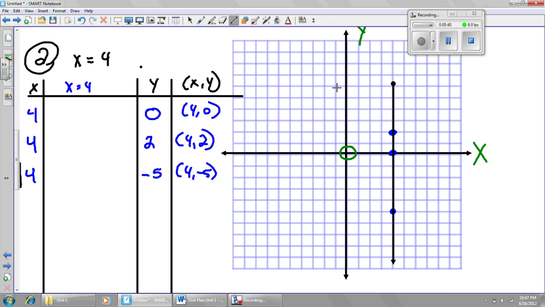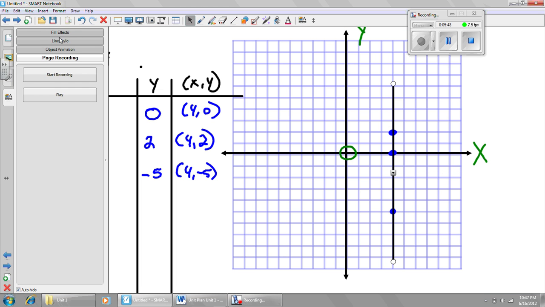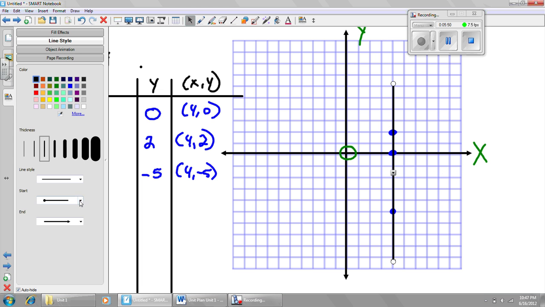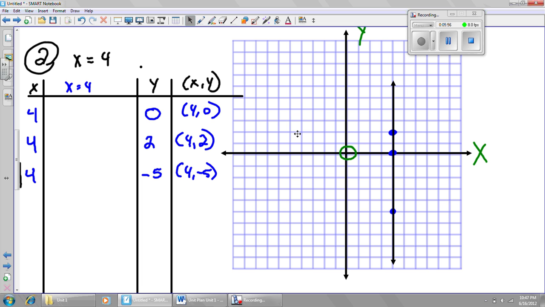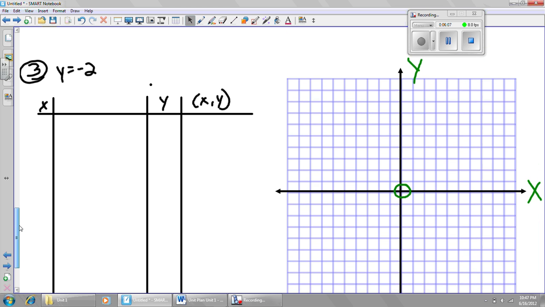When you get an equation where x equals 4, or x equals 10, or x equals -1, it's always going to be a vertical line.